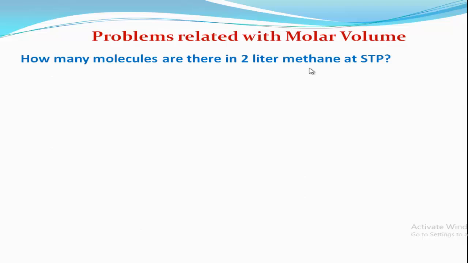The volume of 1 mole methane is 22.4 liter, and also we know 1 mole methane contains Avogadro's number of molecules. So easily we can solve. In 22.4 liter methane, the number of molecules will be Avogadro's number.